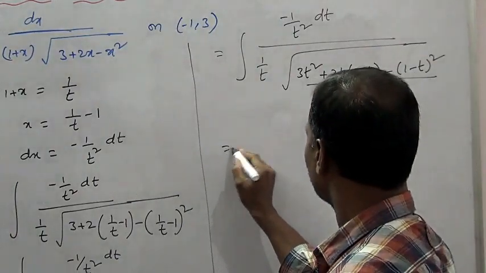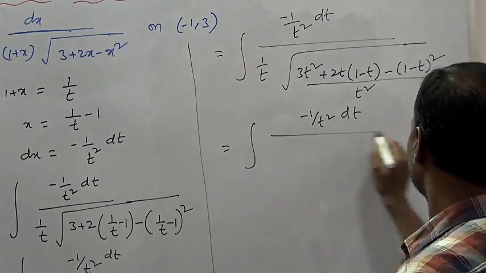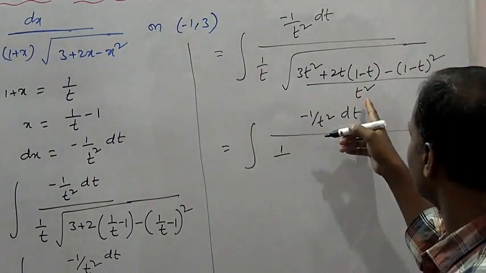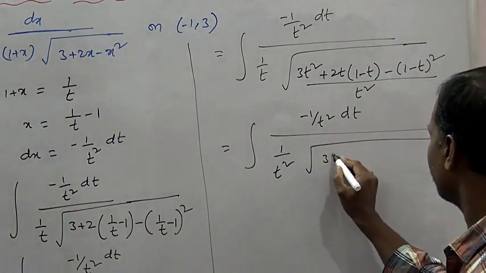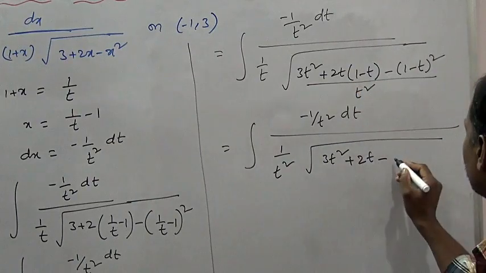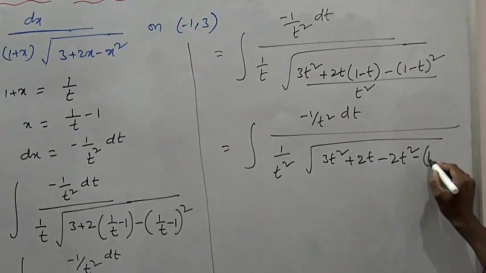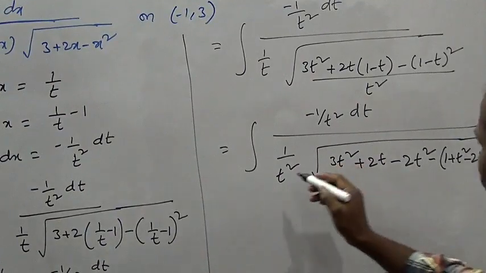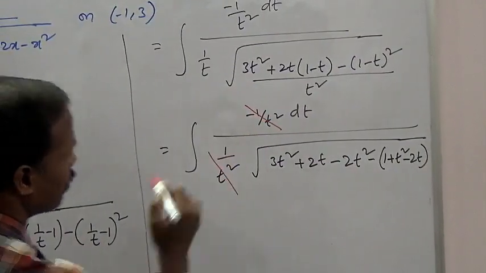Now under the root t square is there; if you take it outside, it will be t. So 1 by t square root of 3t square plus 2t minus 2t square minus of 1 minus t whole square, that is 1 plus t square minus 2t. Now here 1 by t square will be cancelled.